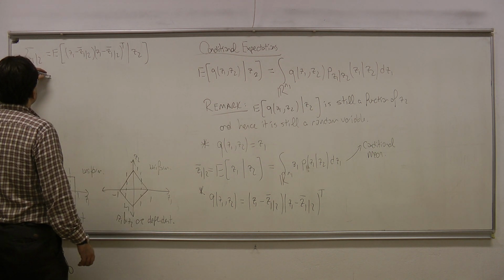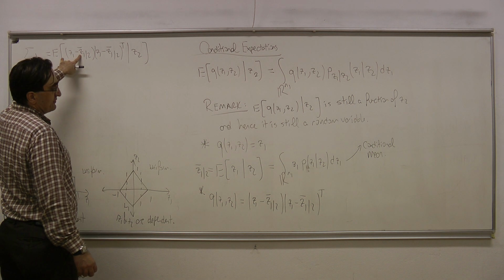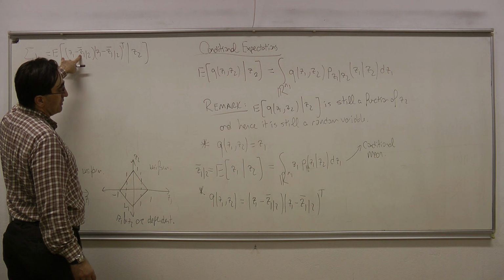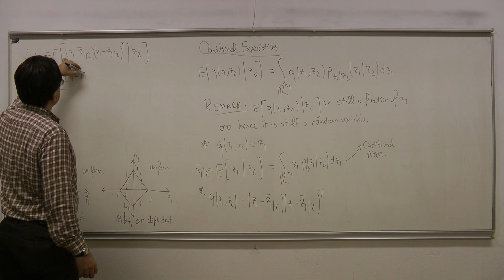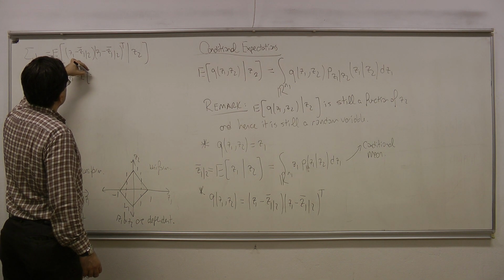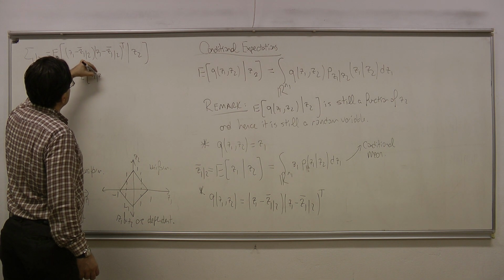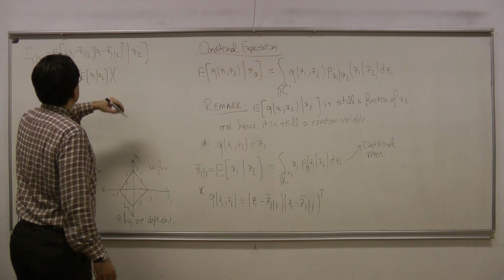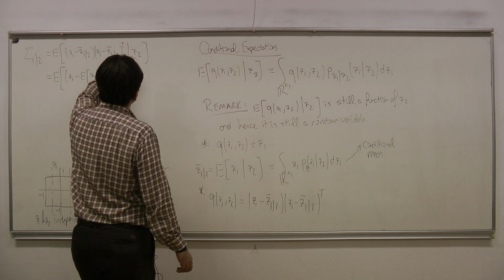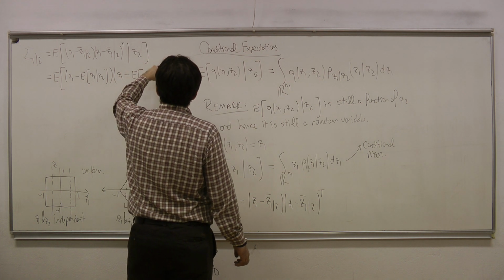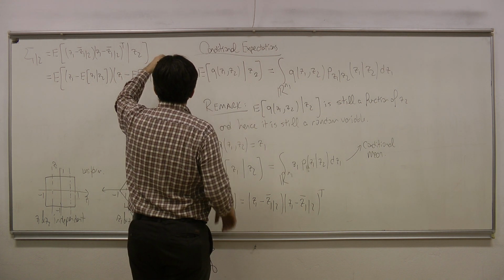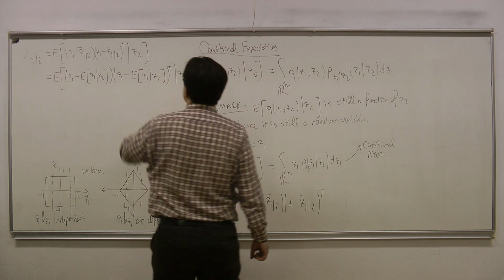If I write out z bar 1 given 2, it looks like this: z1 minus the expected value of z1 given z2, times z1 minus the expected value of z1 given z2 transpose, given z2.